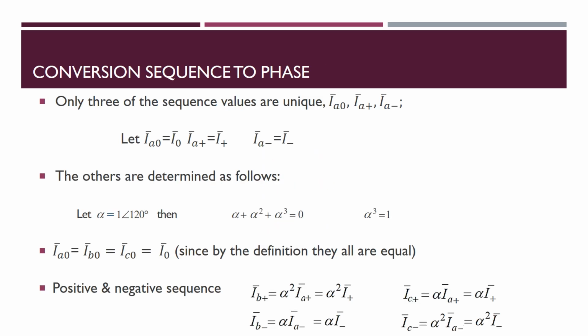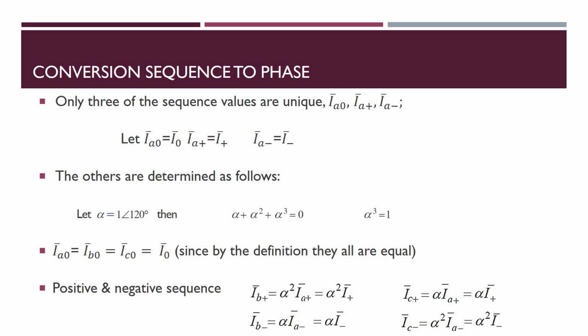Okay, now we will convert the sequence into phase values, and at that time you can have an equation. Only three of the sequence are identical. If you know these three, you can determine for A: I0, I plus, and I minus.